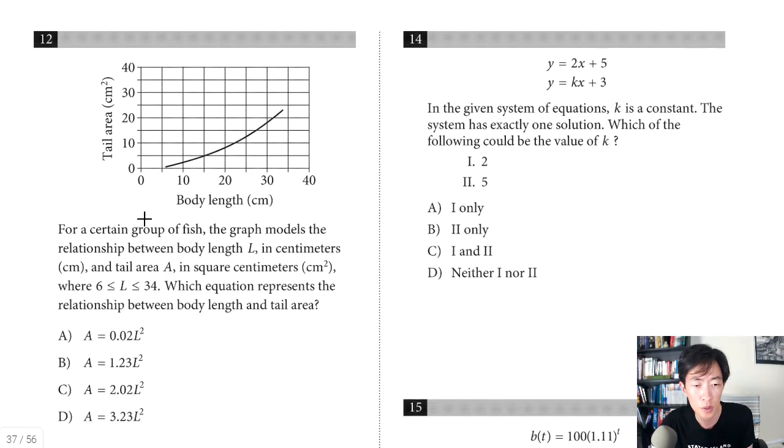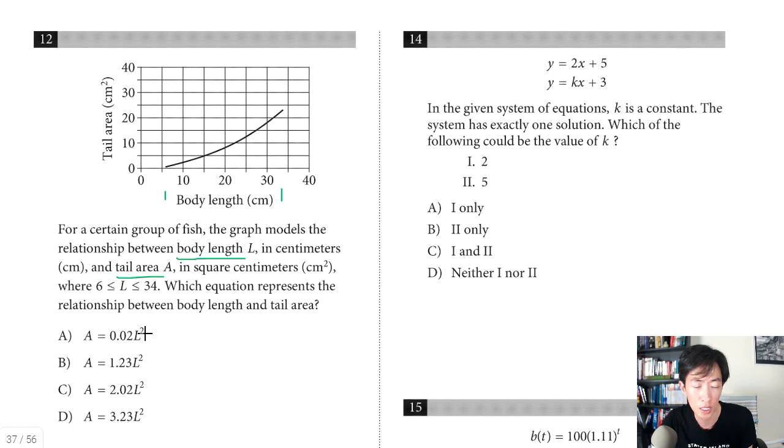Question 12, for a certain group of fish, the graph models the relationship between body length L in centimeters and tail area A in square centimeters, where L is in between 6 and 34. Which equation represents the relationship between body length and tail area? So they're basically asking which equation best represents that curve. Notice what's going on if you glance at the answer choices.